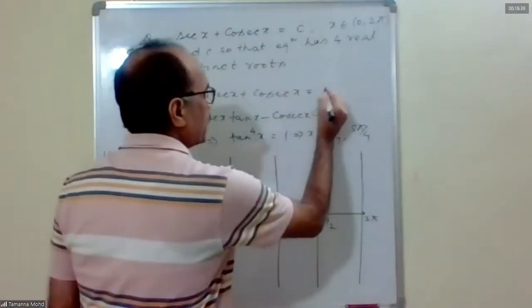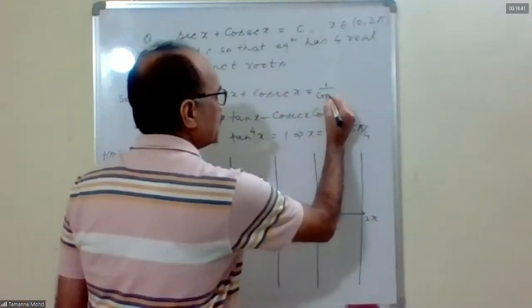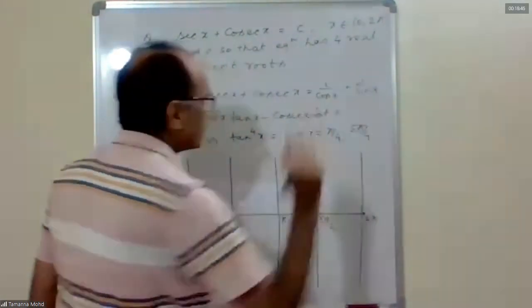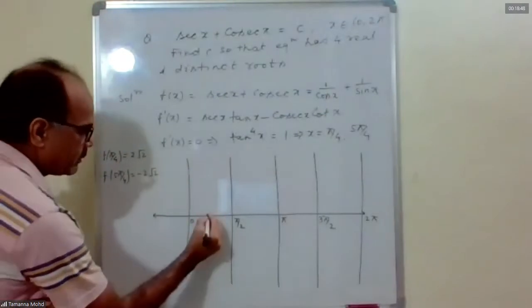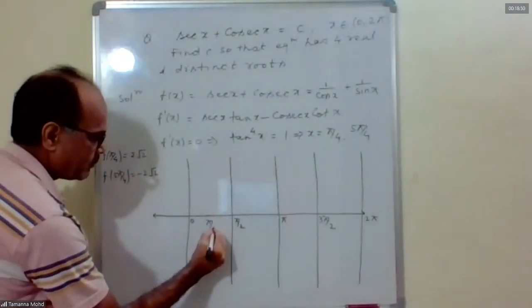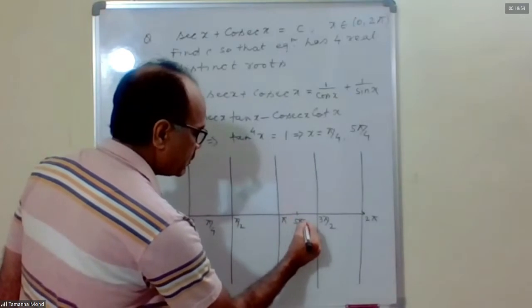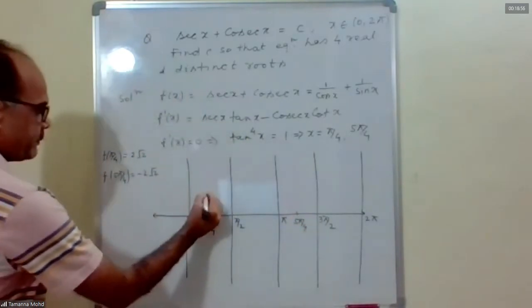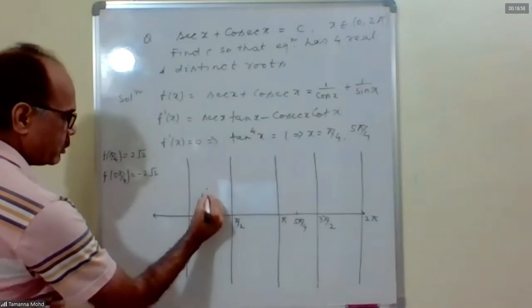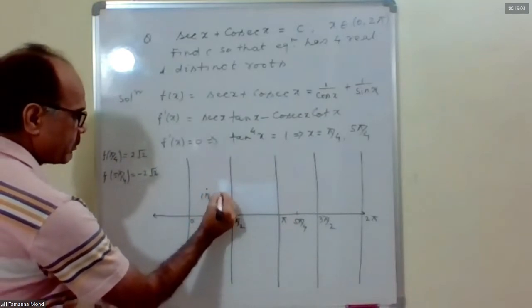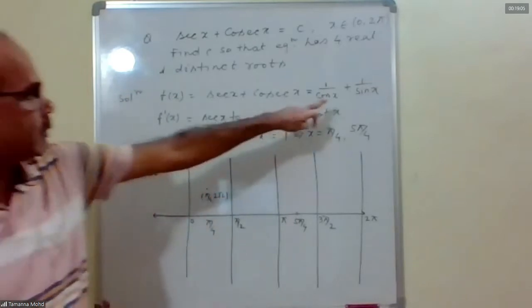It is nothing but 1 by cos x. At pi by 4, 2 root 2. At 5 pi by 4, minus 2 root 2. At 0 plus, what is the limit? This is finite 1.